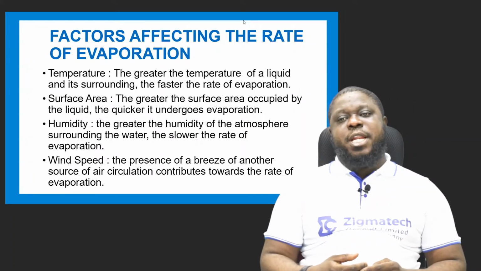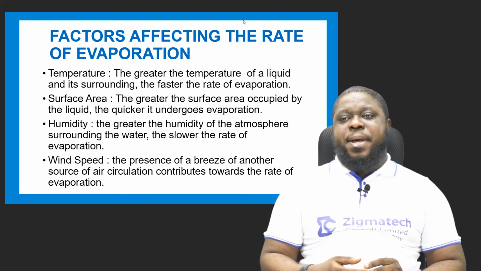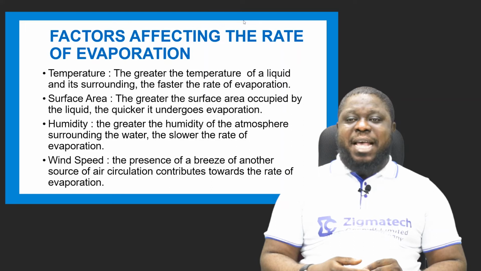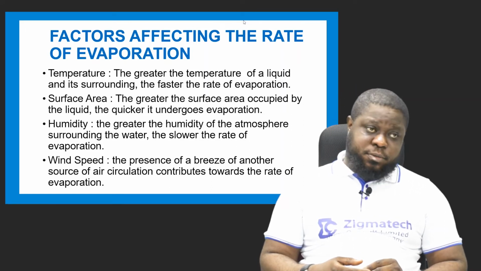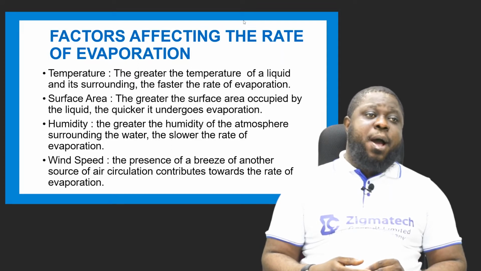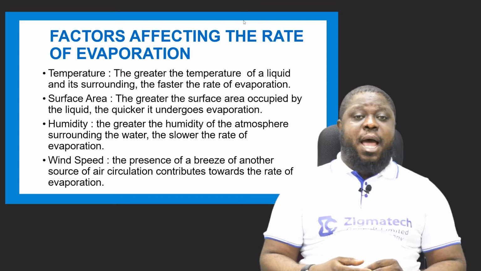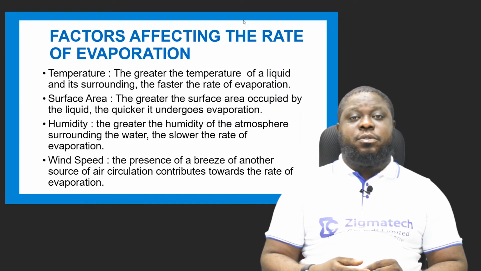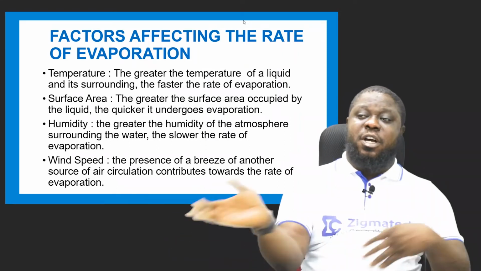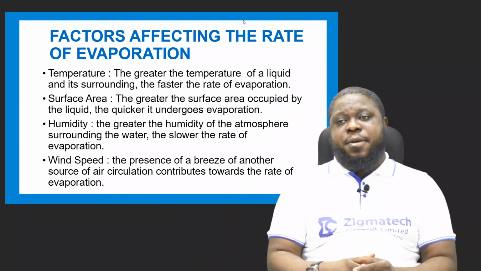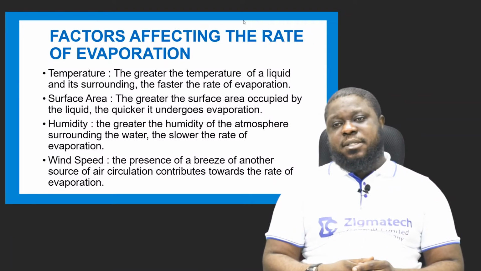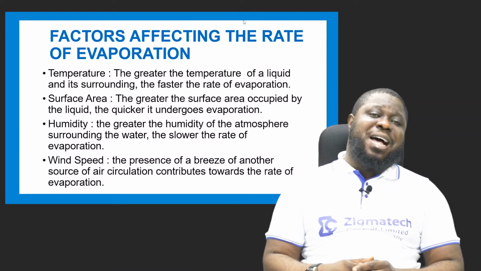Now the next one is wind speed. The presence of a breeze or another source of air circulation contributes towards the rate of evaporation. Now, if you're boiling water, take for example, you're blowing a breeze on the water from your mouth, you see that the evaporation will be scattered. In essence, the rate of evaporation will not be fast because it is obstructed.